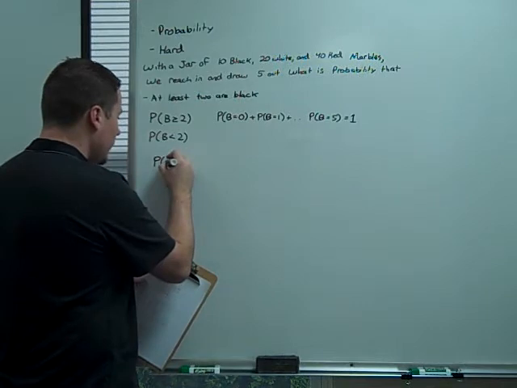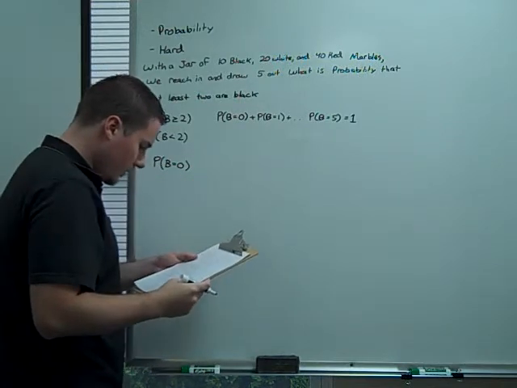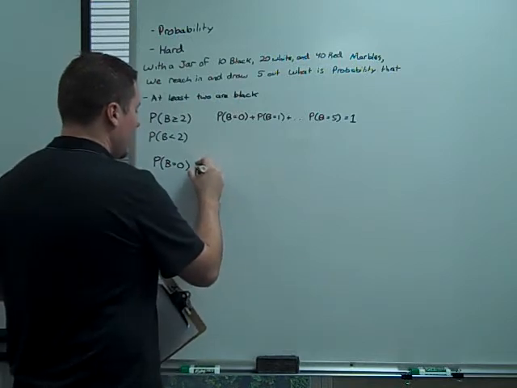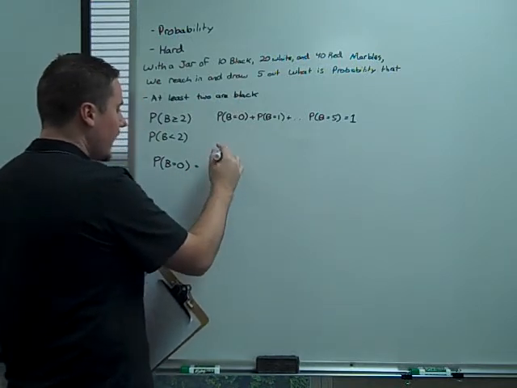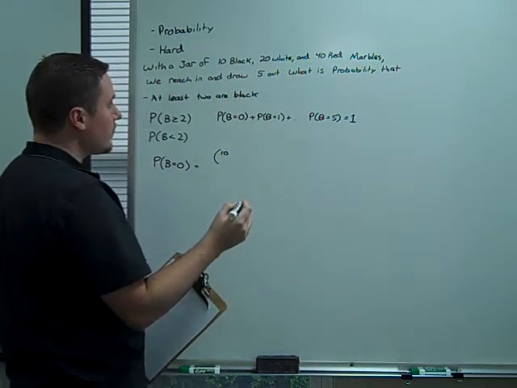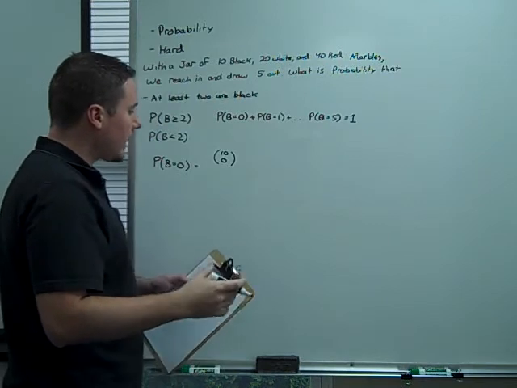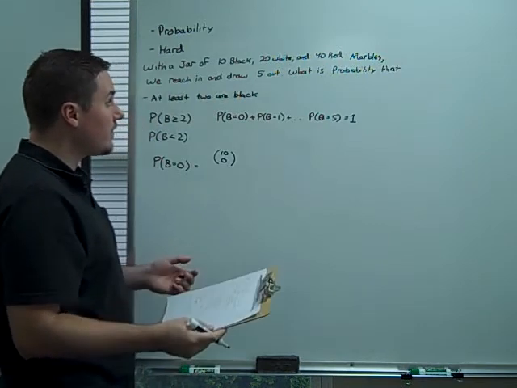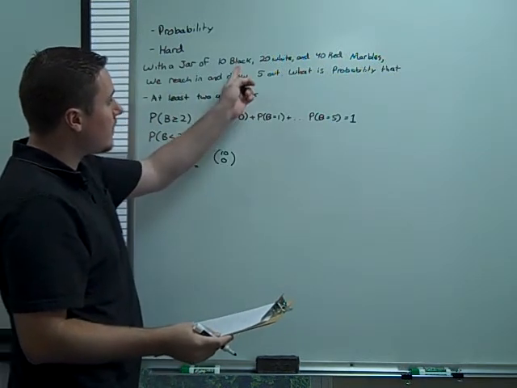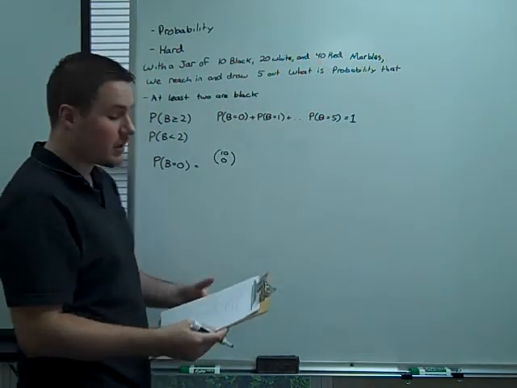First, the probability that black is 0. Well, it's going to be another choose fraction. We've got 10 black marbles, and we're going to be picking 0 of them out. Now we have to account for the other 5 marbles. Well, they can't be black, so they have to be either white or red, and there are 60 of those.